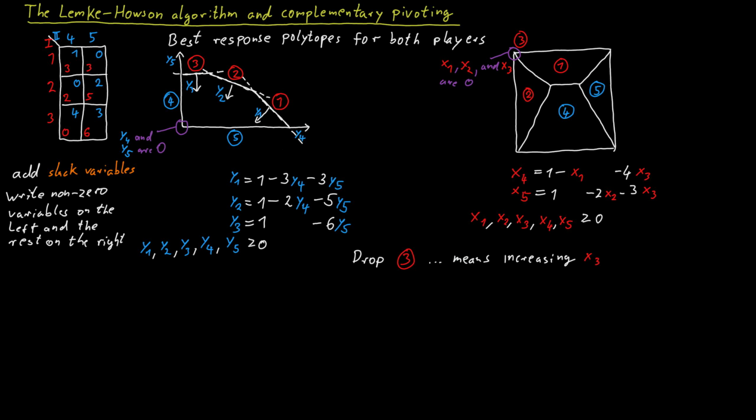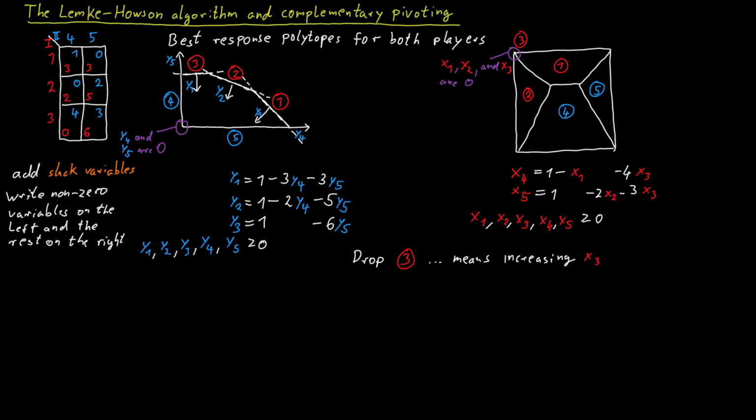So we have to find out which variable will become 0 first. There are two variables that are affected by the increase of x3. The first one comes from this first equality on the right side, x4 equals 1 minus x1 minus 4 times x3. If we increase x3 here, x4 will eventually become 0.